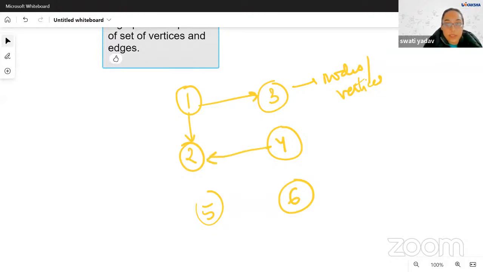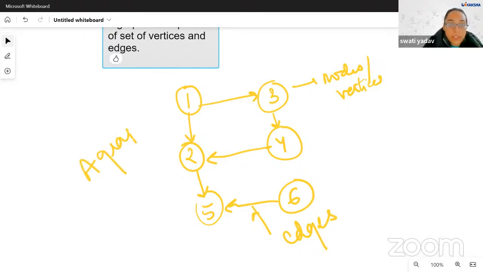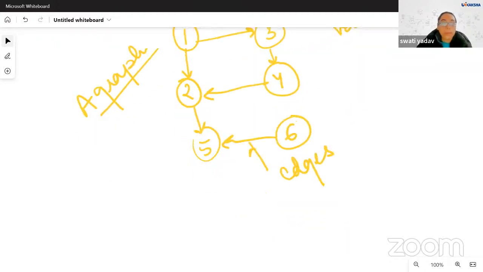Let's say like this. And these are your edges. Okay. A simple representation of a graph. This is a very basic graph that you see. It's not a complicated structure, but yes, it's a representation of a graph.